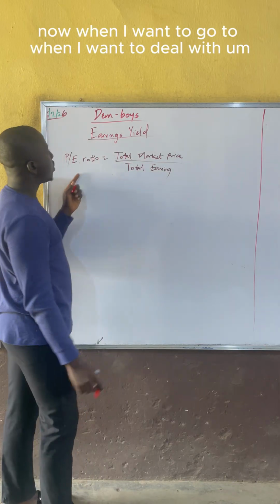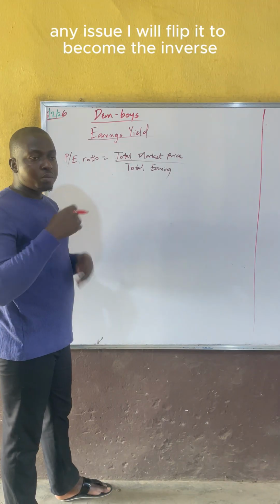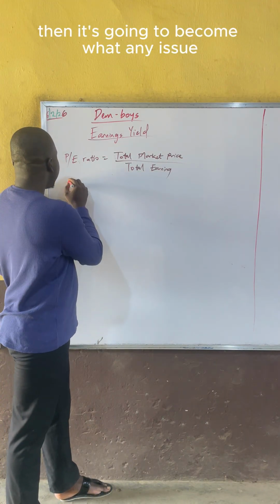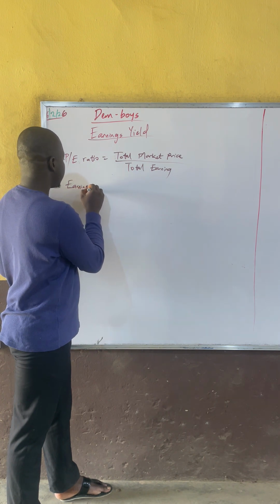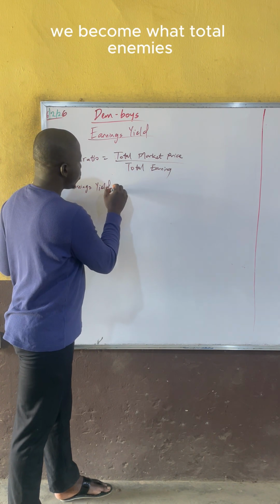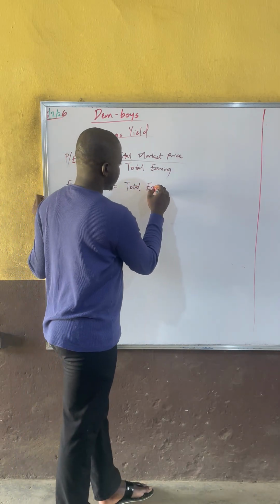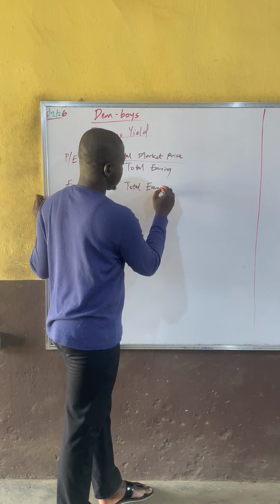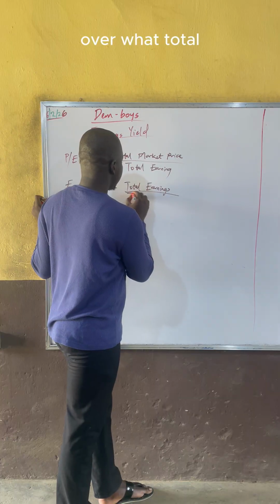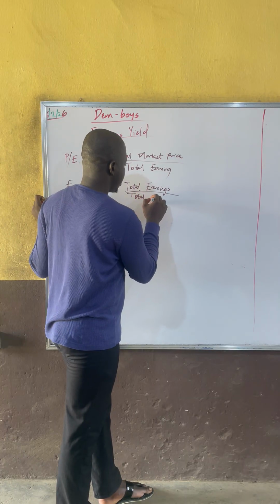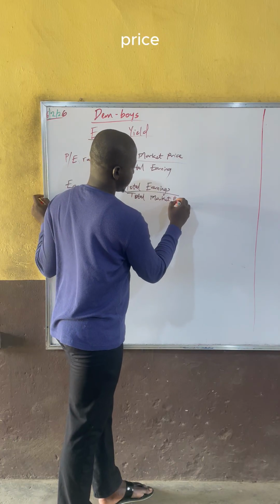Now when I want to deal with earnings yield, I will flip it to become the inverse. Then it is going to become earnings yield equals total earnings over total market price.